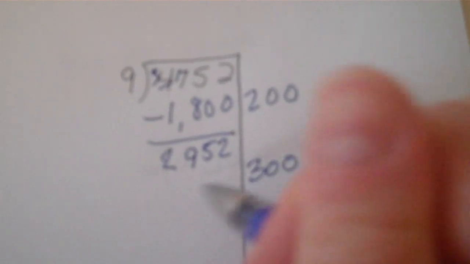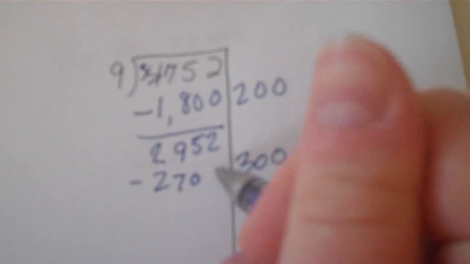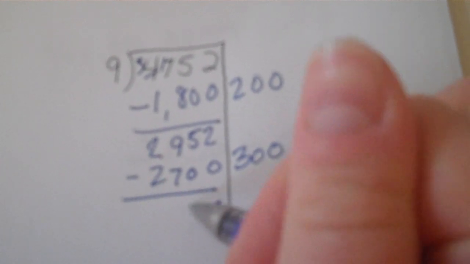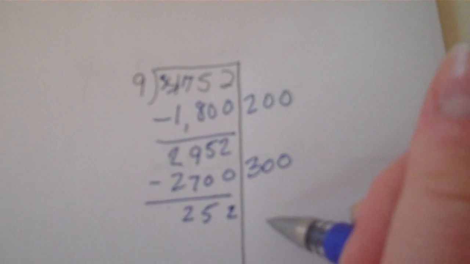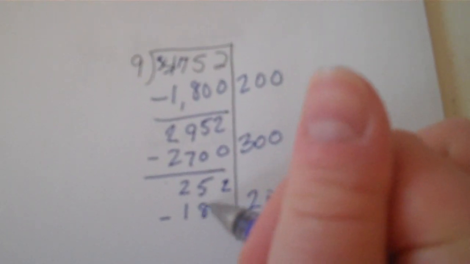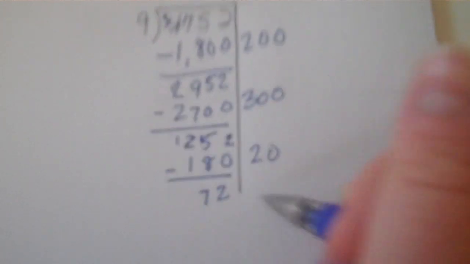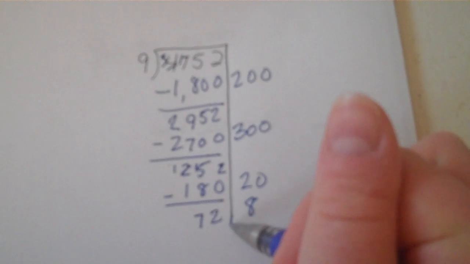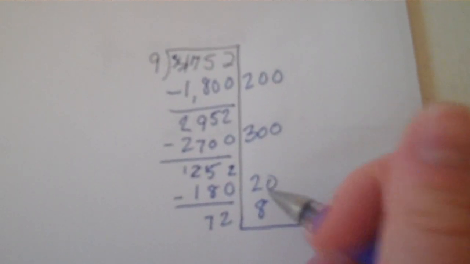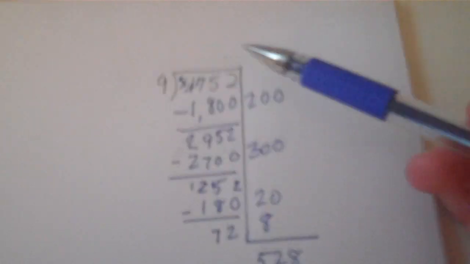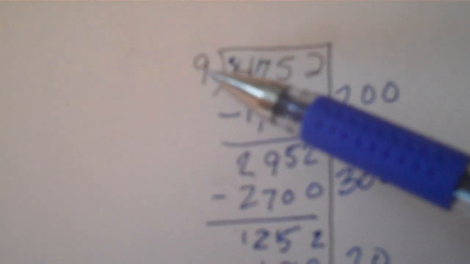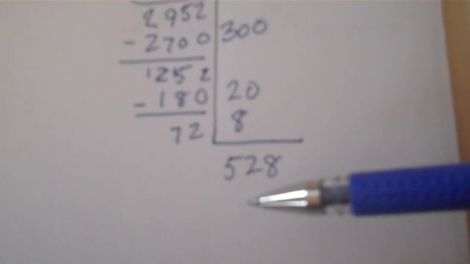There's 300 more nines in that. 252. There's 20 nines there. 72. That's 8 nines. I'm going to add it up. 528. 4,752 divided by 9 equals 528.